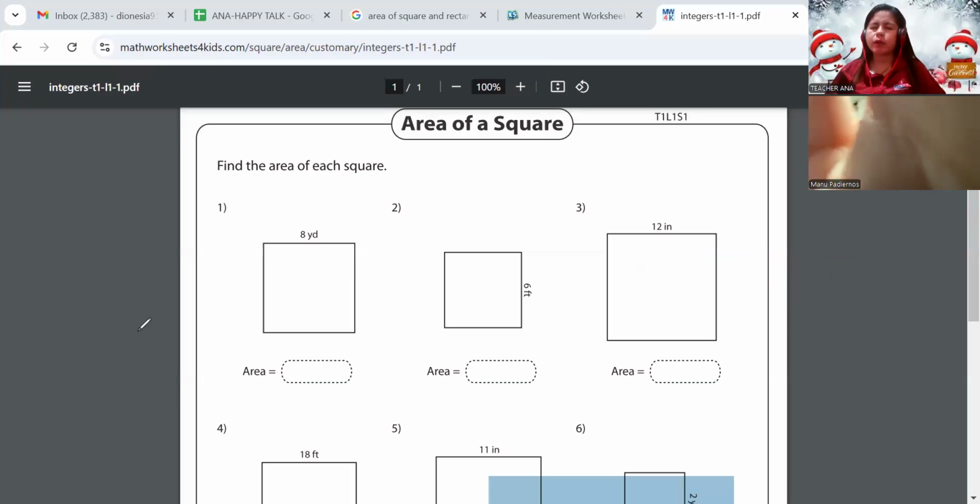Okay, how many times will you multiply 12 by itself? 2.